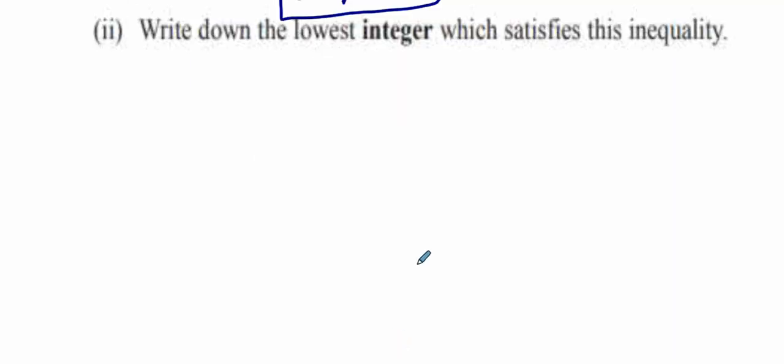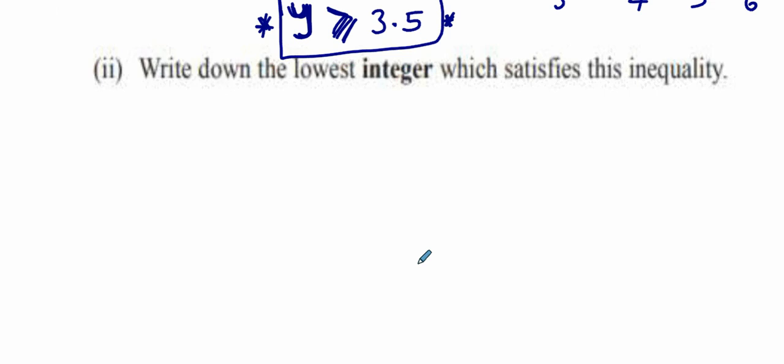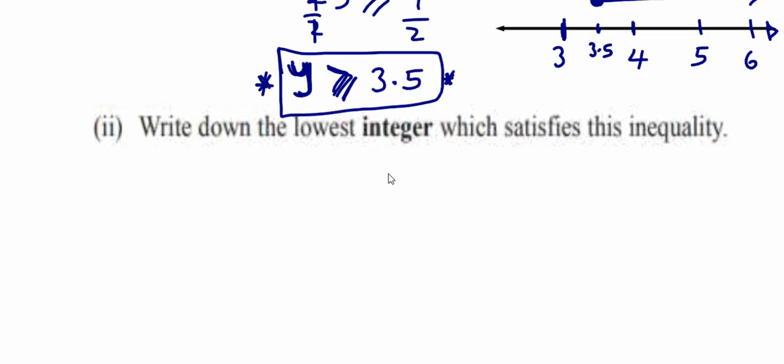Okay, next question is write down the lowest integer which satisfies this inequality. The solution set we got is y is greater or equal to 3.5. See that? Now we want to write down the lowest integer. Do you remember the integers? Integers are whole numbers.